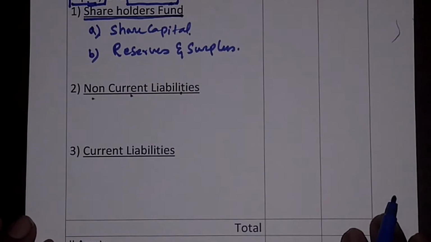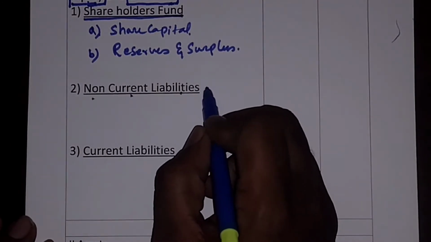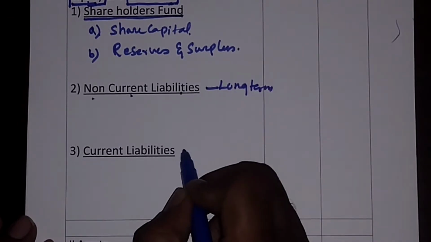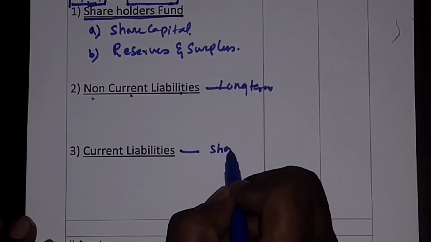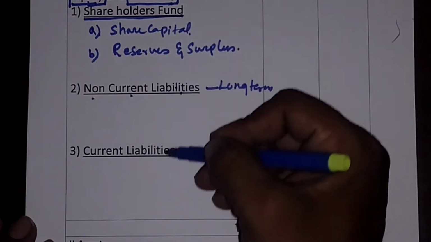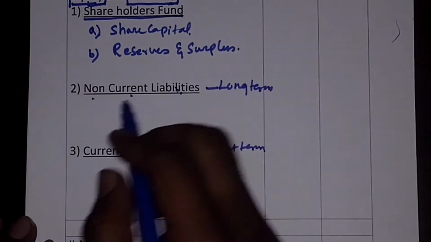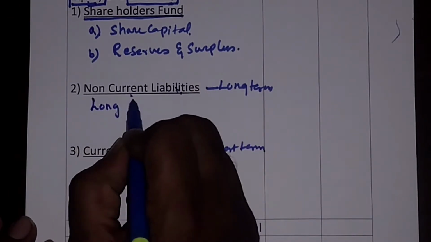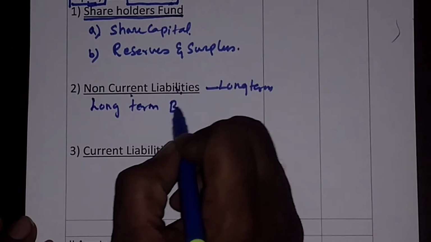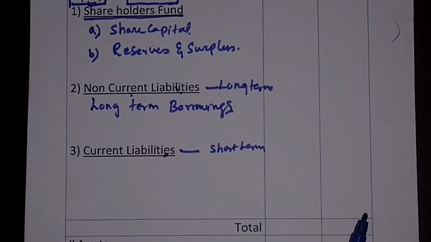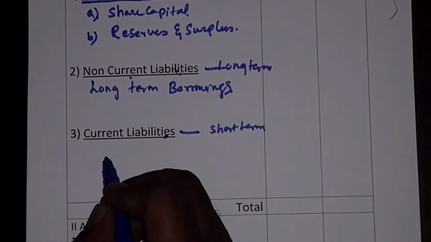Non-current means long term and current liabilities means short term. The liabilities are subdivided into long term and short term. Under non-current liabilities, long term borrowings will appear.